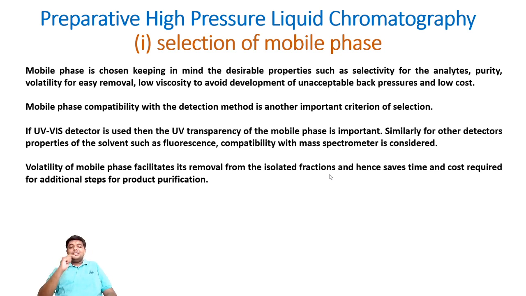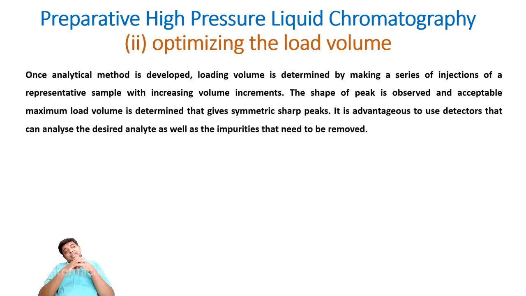So this was the first criterion, that is selection of mobile phase, which is very important. Coming to the second part, optimizing the load volume. If you go back to the MPLC video, we have tried to justify it very well. Once the analytical method is developed, loading volume is determined by making a series of injections of representative samples with increasing volume.